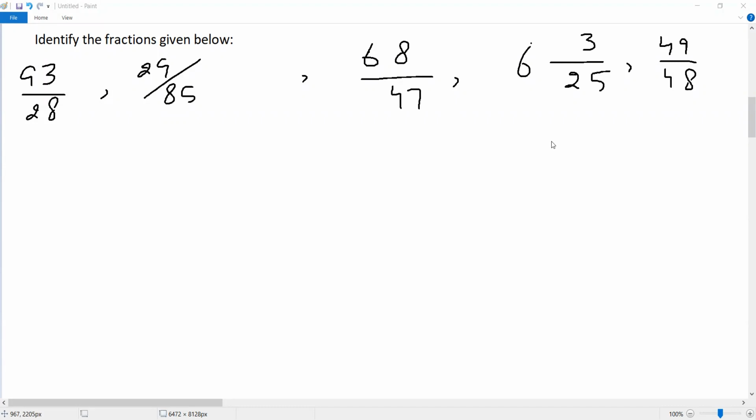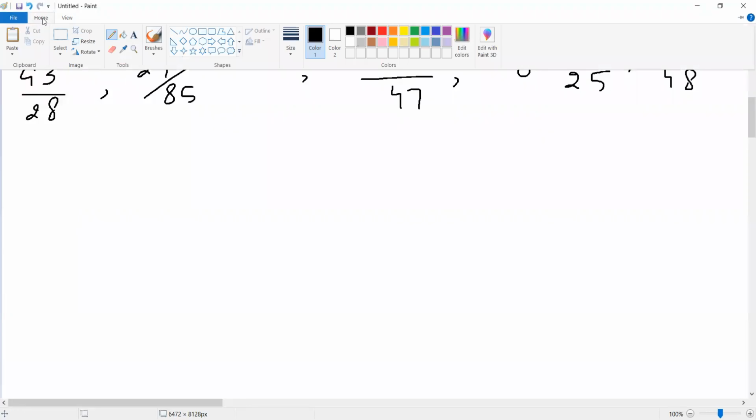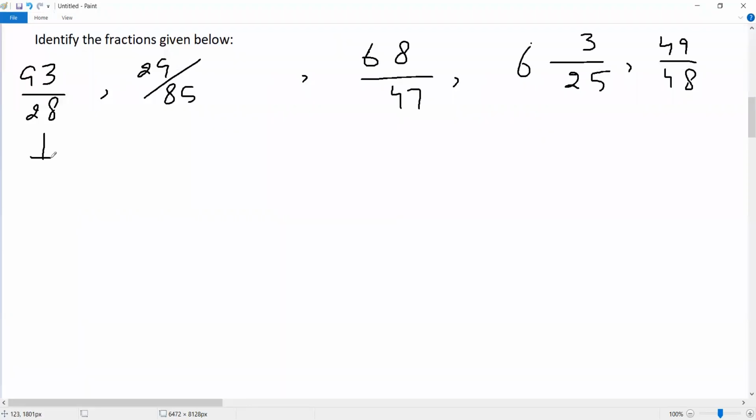Yes, Ibrahim, correct. Ibrahim Ali, it's correct. Hafsa, correct. Rohan, it's correct. So this is an improper fraction.